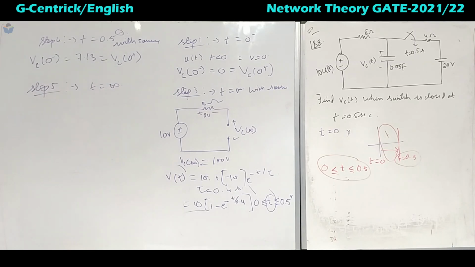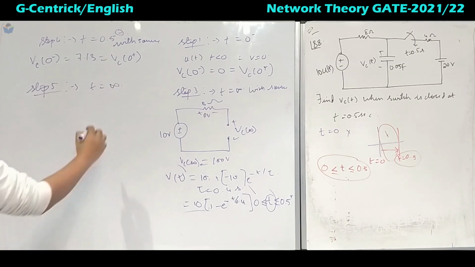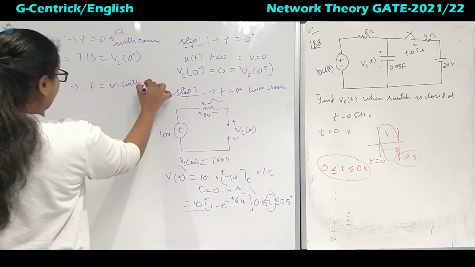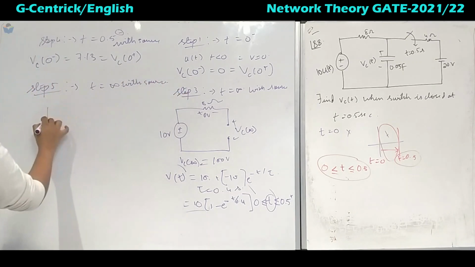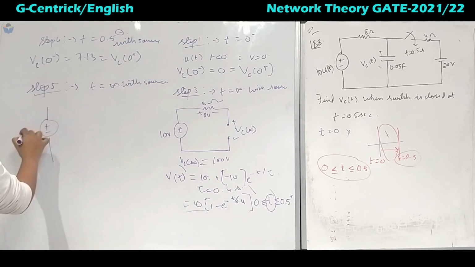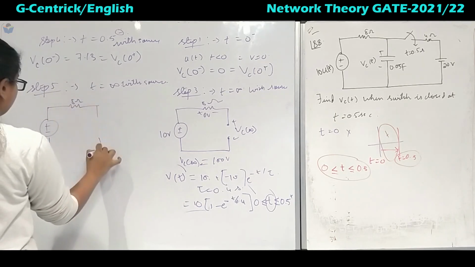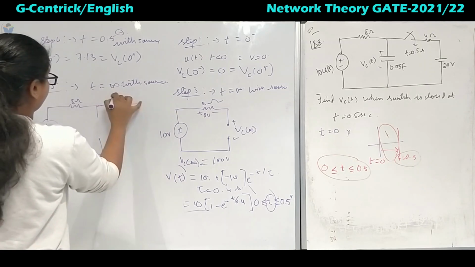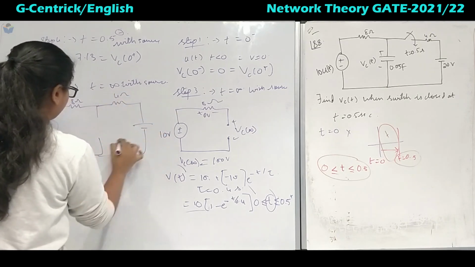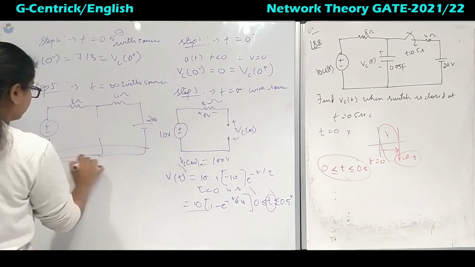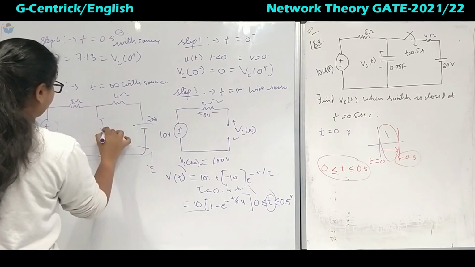When you analyze at infinite, it is still with source. If it is with source, our circuit diagram will be: this is 10, this is 8 ohm, this is open circuit, we have 4 ohm and 20 volts. This is nodal analysis, we can apply this.